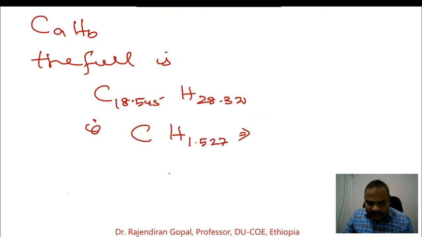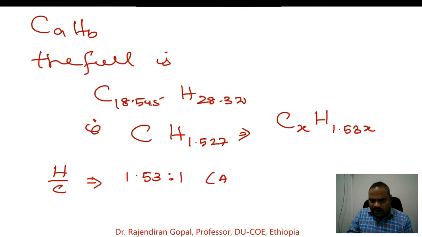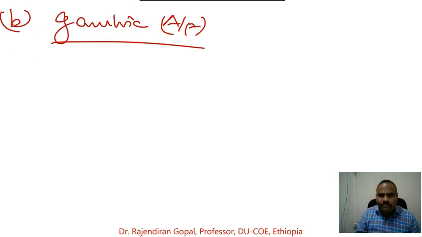That means that CH1.527. So if the fuel has x mole of C, it will be combined with 1.53x amount of hydrogen. So the hydrogen to carbon ratio is equal to 1.53:1. Answer A.